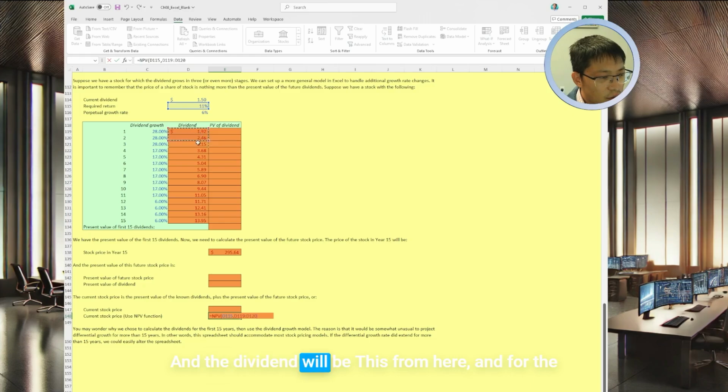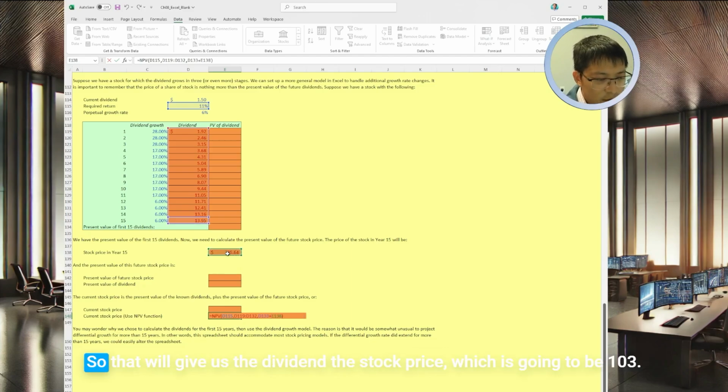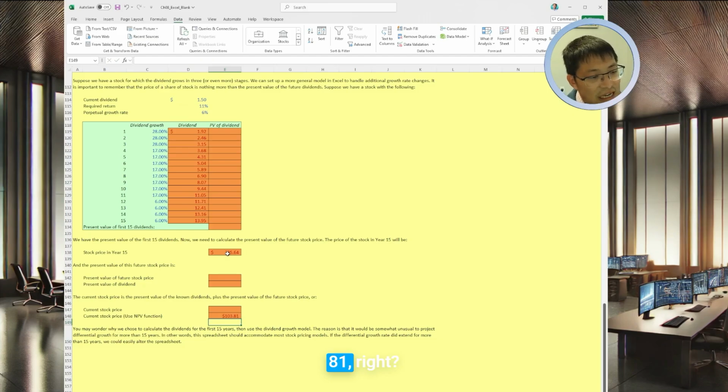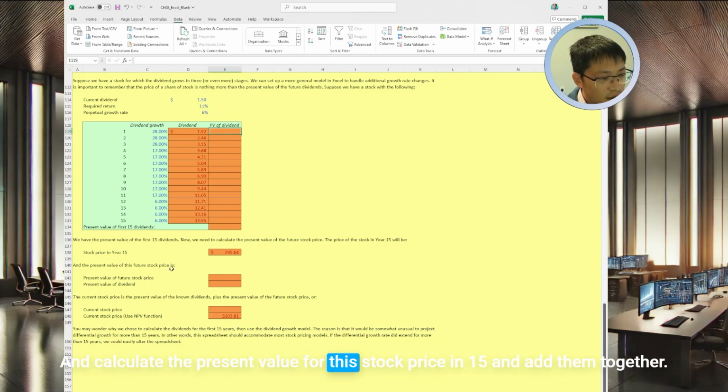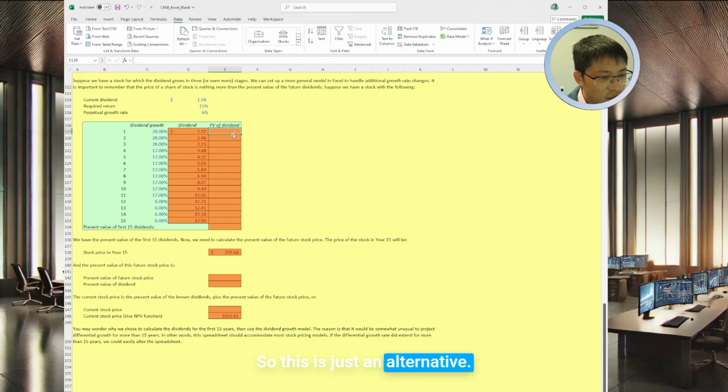The dividends together with the price will give us 101. Or alternatively, we can calculate the present value of the dividends, and calculate the present value of this price at year 15, and add them together. That is our stock price as well. So this is just an alternative.